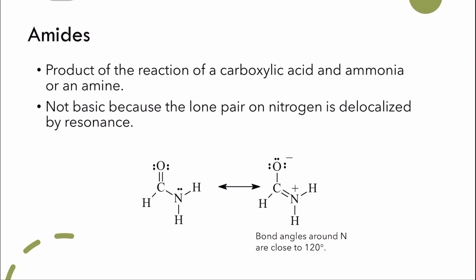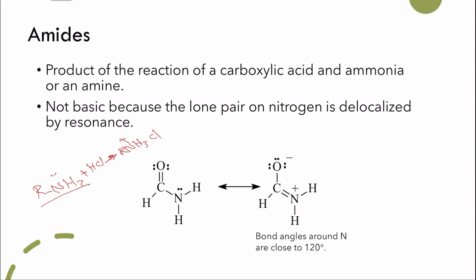Unlike amines, if you remember, amines are basic and they are able to form salts with acids, so you can have something like NH3 plus Cl. They can form salts with acid and they are basic because the lone pair of electrons on the nitrogen of the amines are available to be taken. So they can donate these electrons. So they act as Lewis bases.